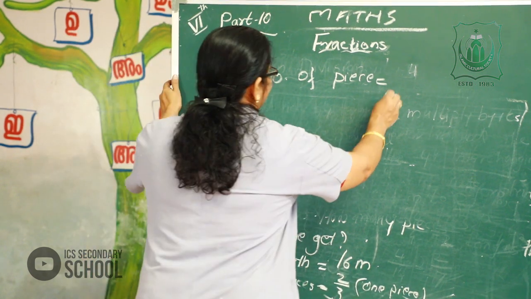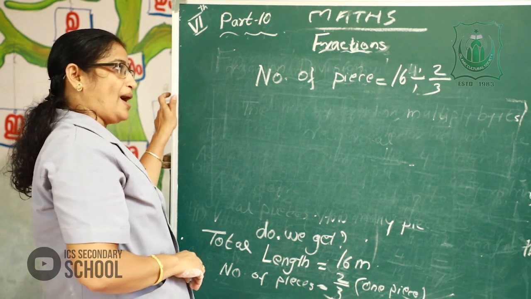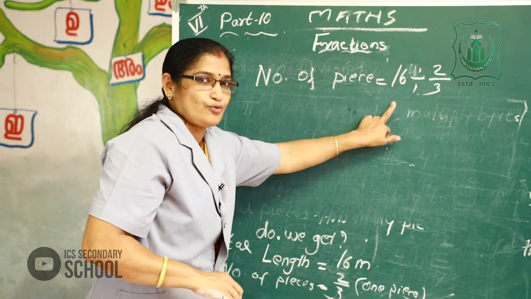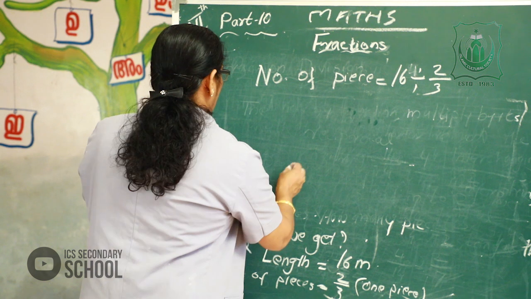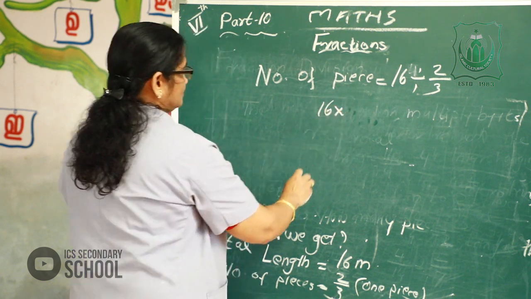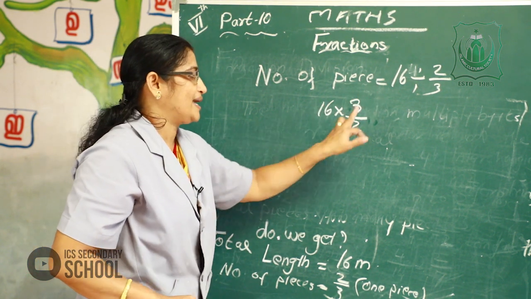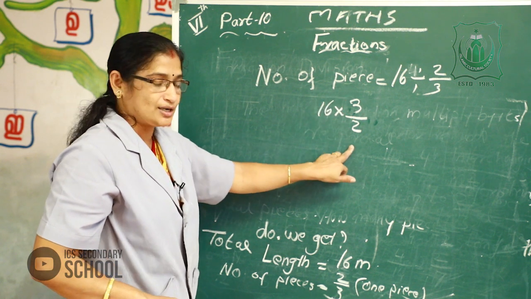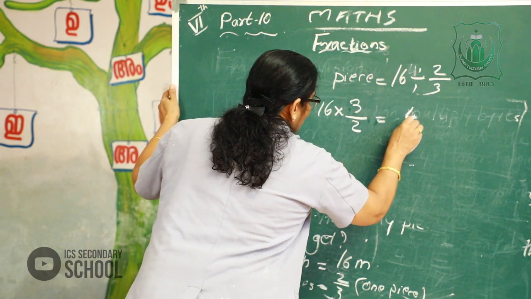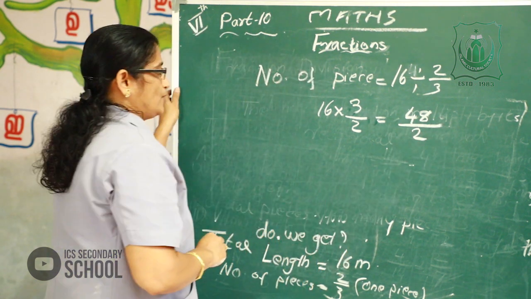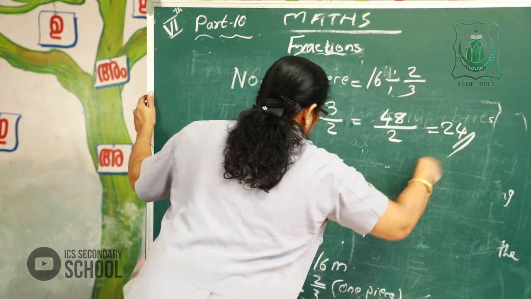Number of pieces: 16 divided by 2 by 3. To divide by a fraction, multiply with the reciprocal. 16 into 3 by 2; interchanging is the reciprocal. The reciprocal of 2 by 3 is 3 by 2. 48 divided by 2 is 24.